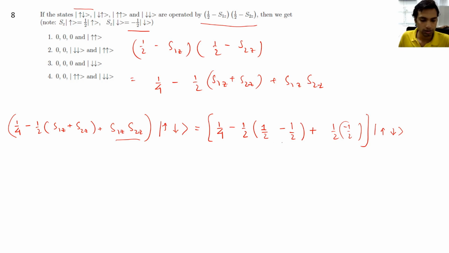So this plus half cancels minus half, and this plus 1/4 will be cancelled by minus 1/4. So effectively you get 0. Similarly you have to do for the rest of the problems.